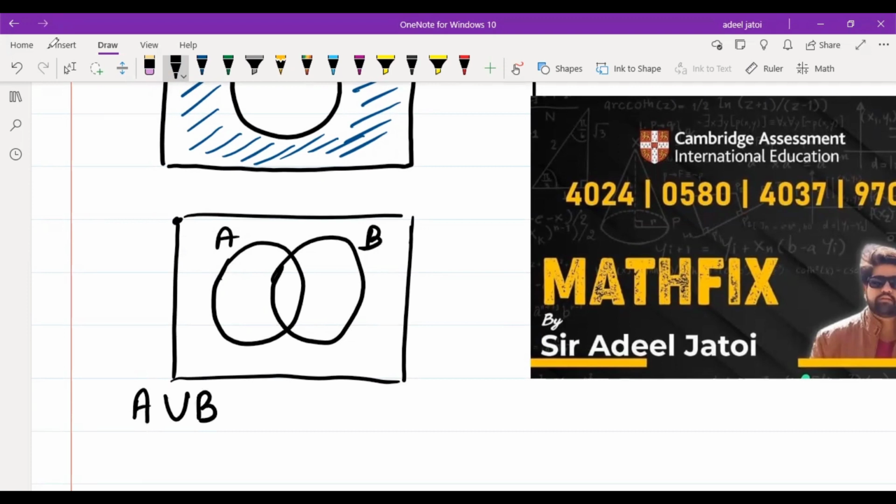A union B means all the values of A and all the values of B. So we will be shading the entire A and entire B. So in this case, the inner circles of A and B will be shaded. So this will be shaded as a whole, because A union B means all the values of A and all the values of B.